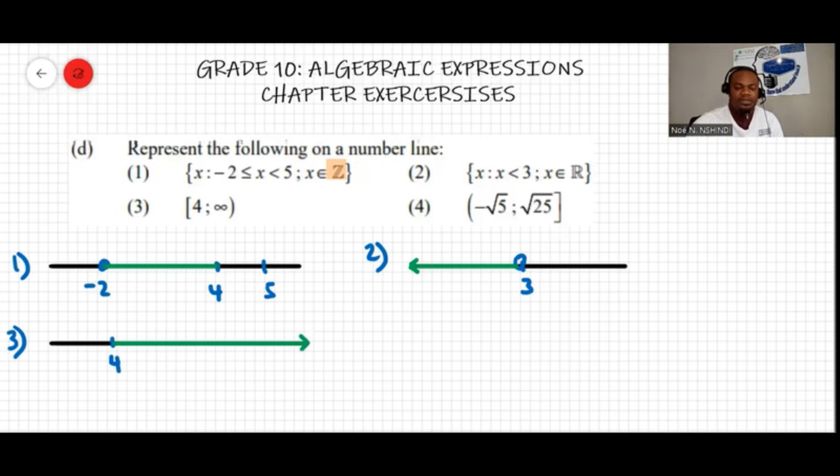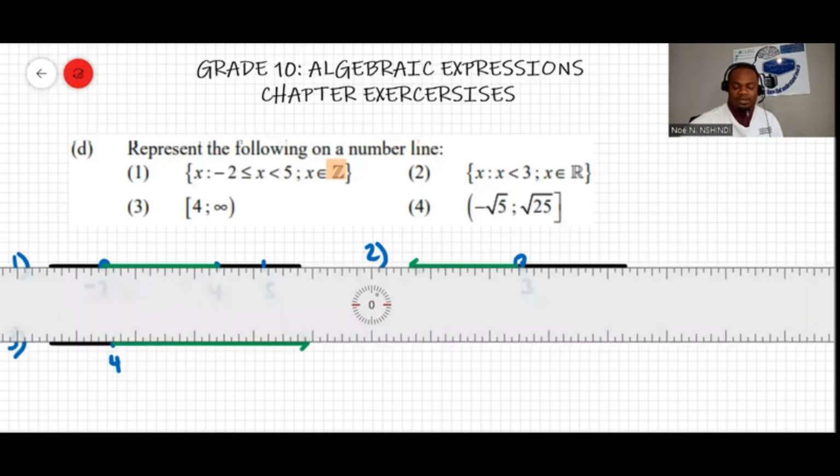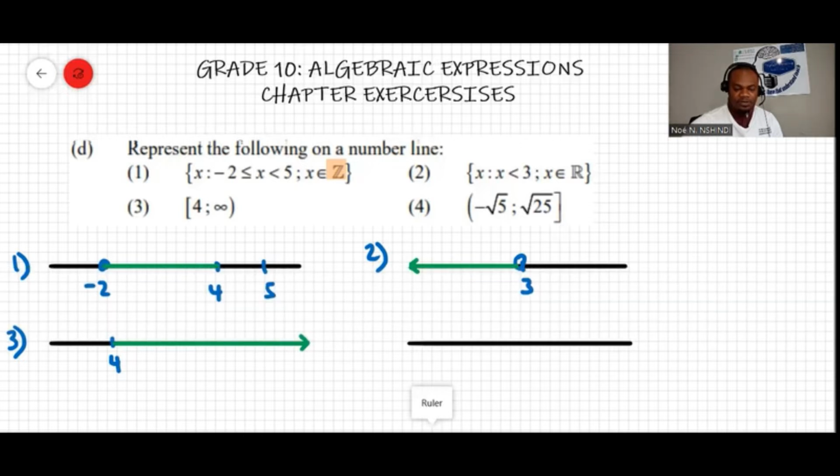And then question 4 is like from -√5 to square root of 25. Now look at there also we have a round bracket. Okay, round bracket, this means this limit is not reached. So let me first draw the number line. I draw my line this way, and I place my critical values. -√5, and there we also have square root of 25 is just 5.